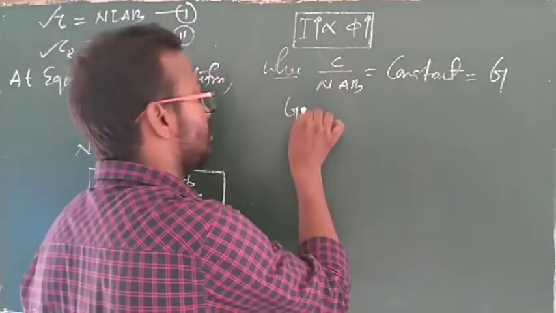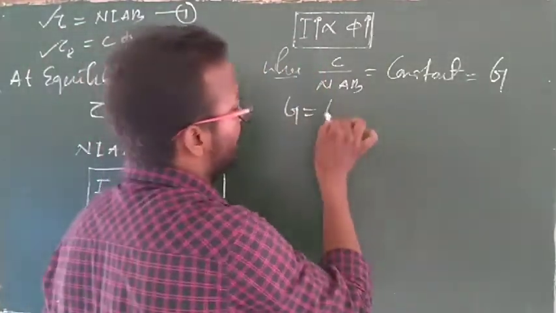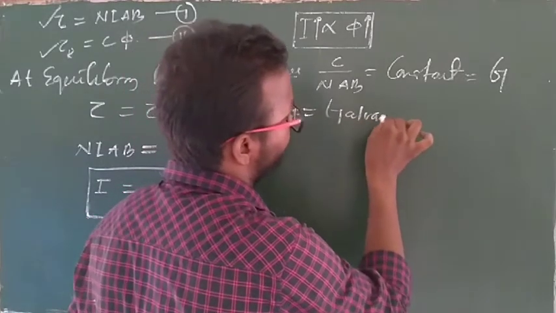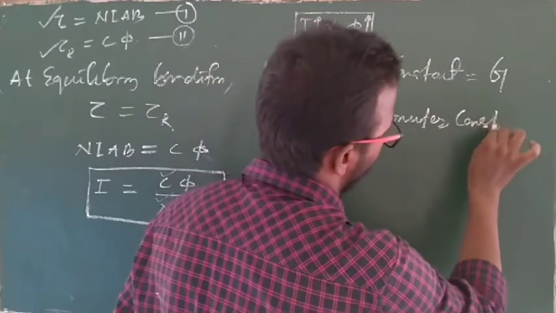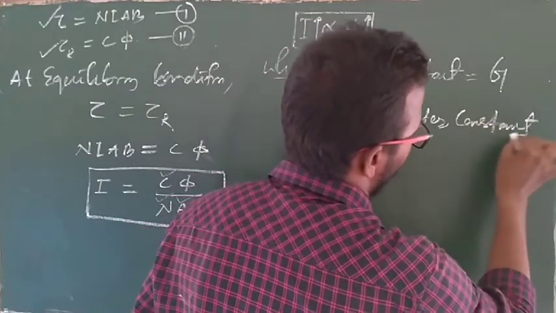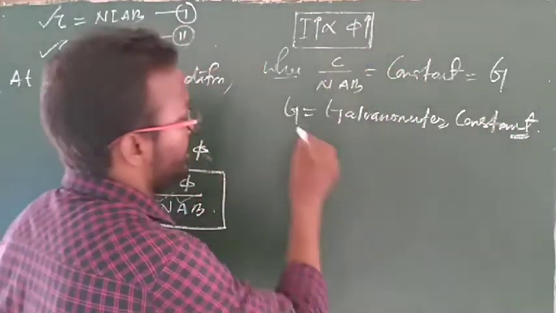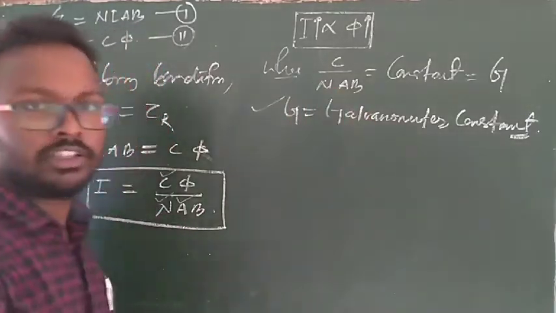G is also known as the galvanometer constant.